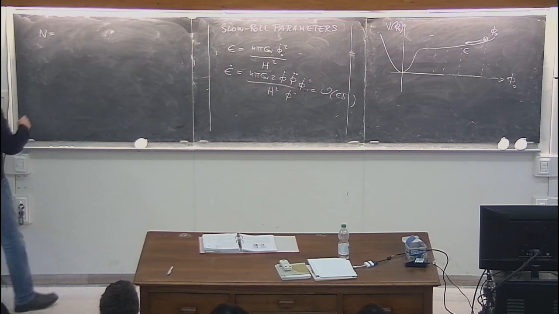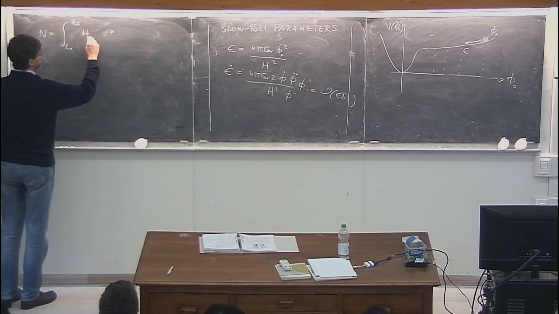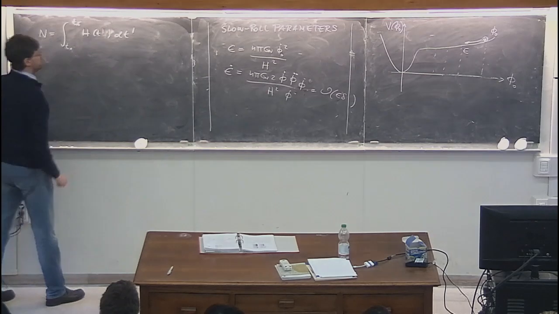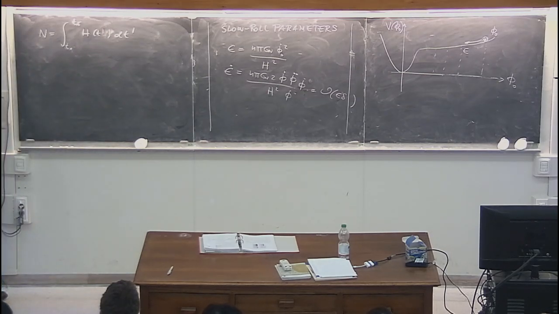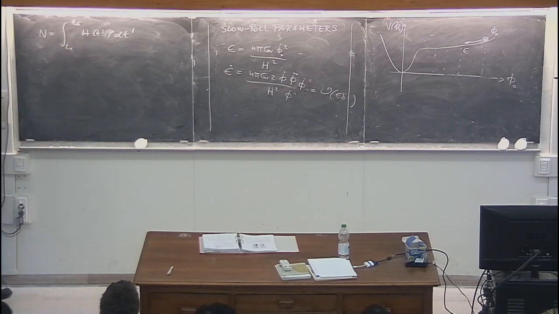But in fact, the true definition of the total number of e-folds is the integral between Ti and Tf of H of t prime dt prime. Of course, if H is constant, you're going to get the same definition as before. Okay, but this is the more rigorous one.